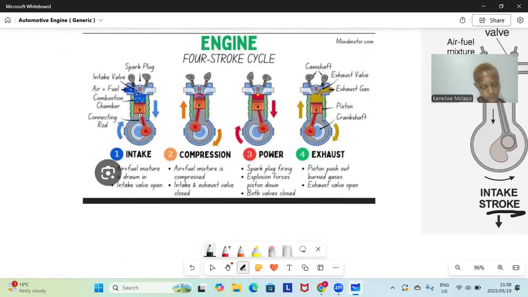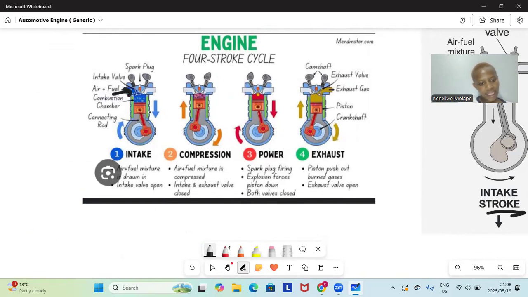In the four-stroke engine, for the intake, the air plus fuel mixture is drawn in and the intake valve opens. The air plus fuel mixture is drawn in, it is going in.